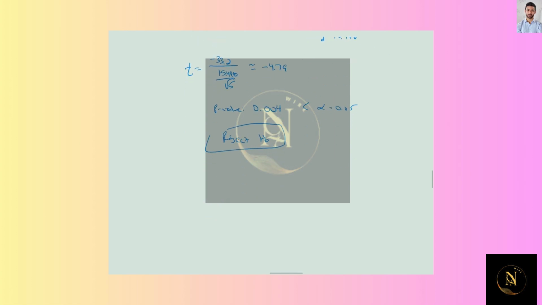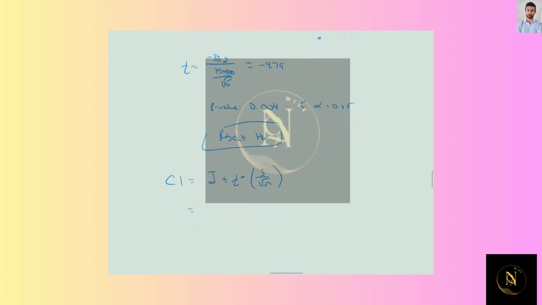The confidence interval would be the difference of the two means plus or minus the critical t times the standard deviation over the square root of the sample size.